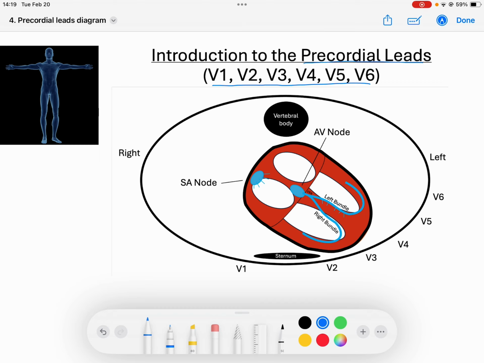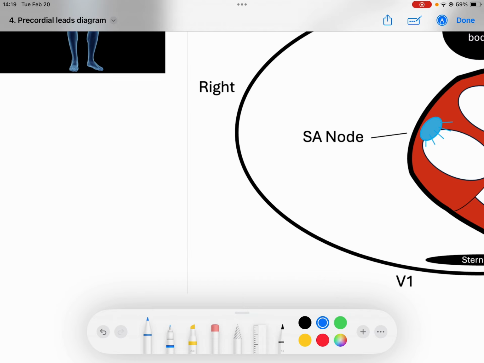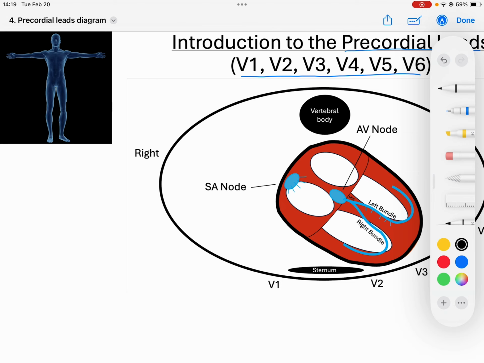And so remember that a lead, I'm just going to zoom in on this white space here. What is a lead, right? Well, a lead is created by two different electrodes. So you have some recording device here, my ECG machine.